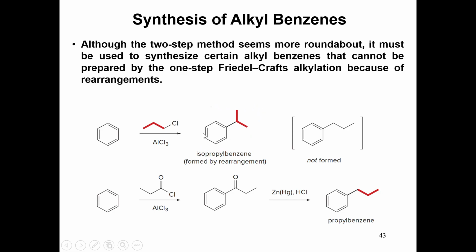If you don't fully understand why the structure changes: the three carbons are still in the chain, but the reactive part is not at the end carbon, it is at the middle carbon, because of the rearrangement of the carbon cation. So this would not be the product, but this rearranged product.